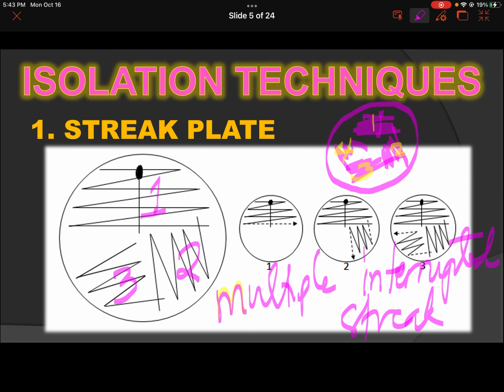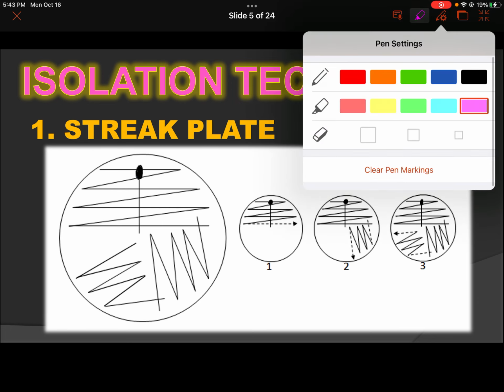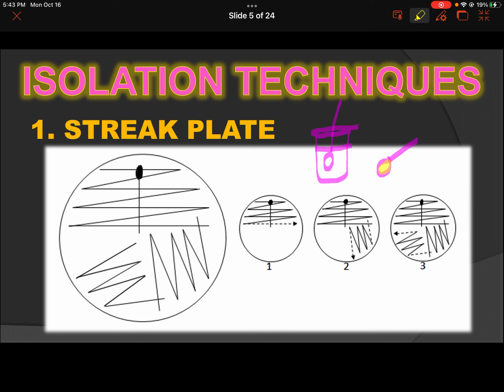And how do we do this multiple interrupted streak? Of course, if you have the specimen, for example a urine specimen, you get a wire loop. You submerge that wire loop in the urine specimen until the loop is filled with the specimen. The specimen is here. And then you transfer the specimen to this area, first streak.